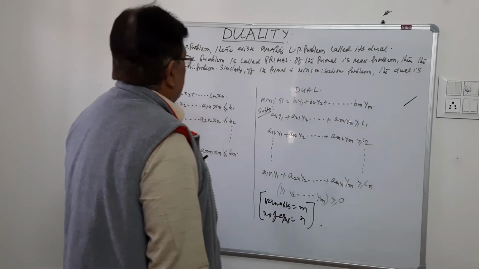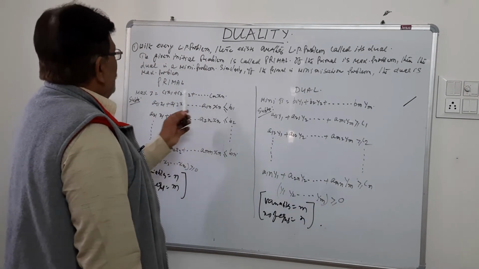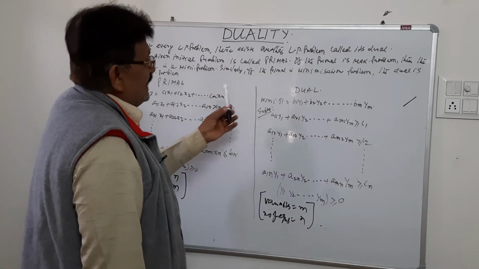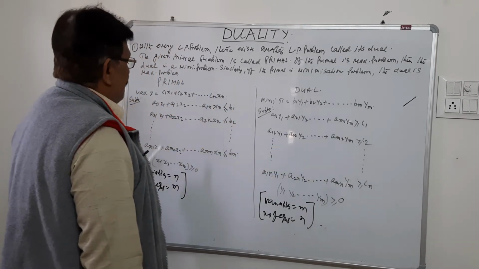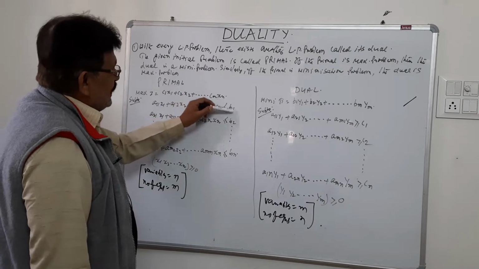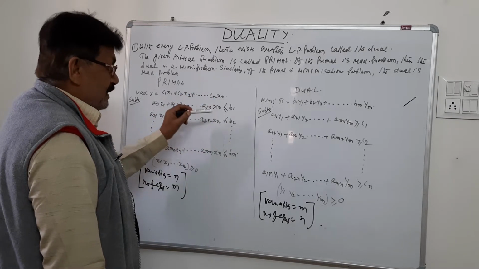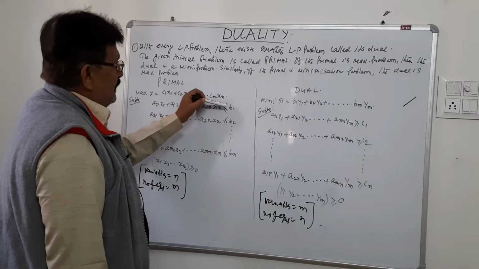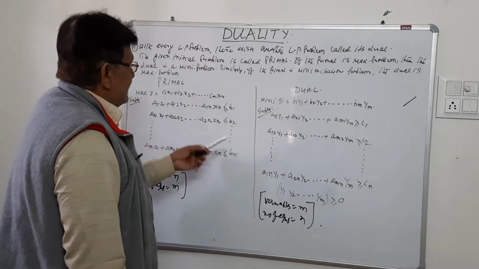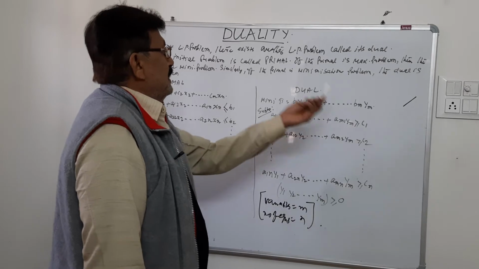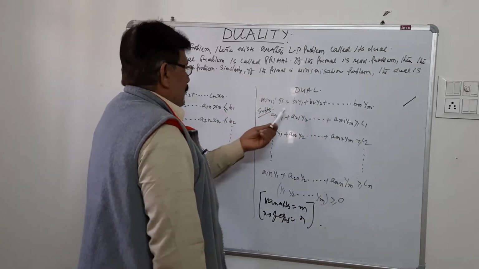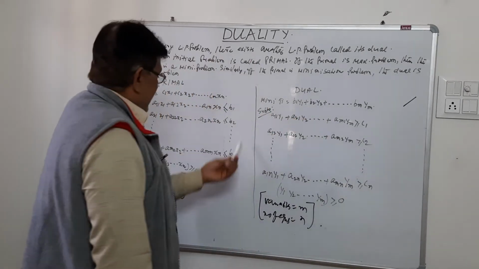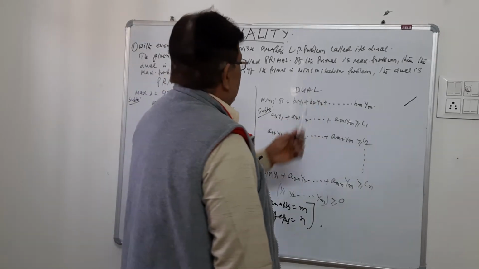Now see how this primal has been manipulated in the dual. All these constants, not constraints, with each constraint we did have b1, b2, bm, these all constants will go into the objective function of the dual.